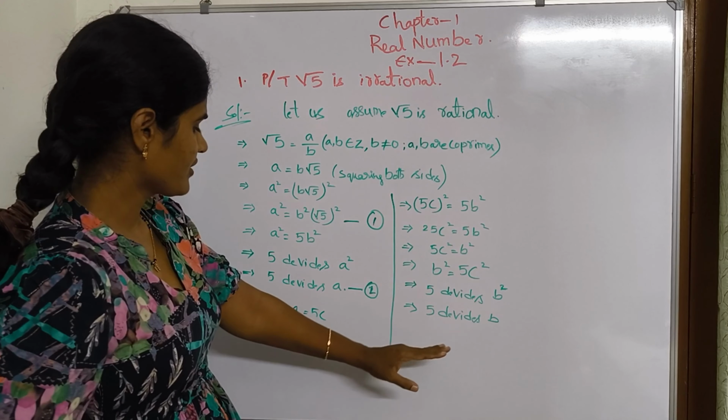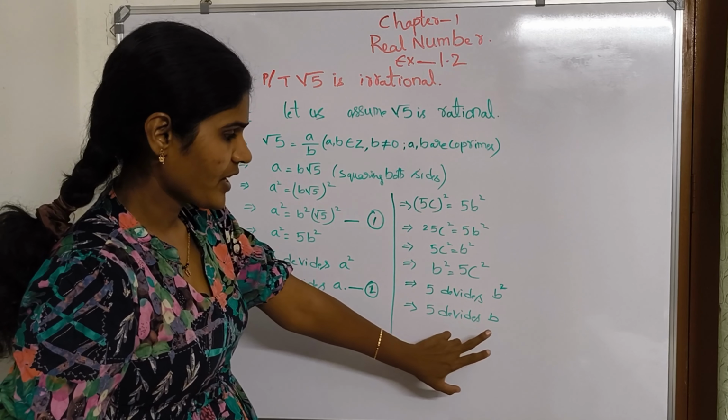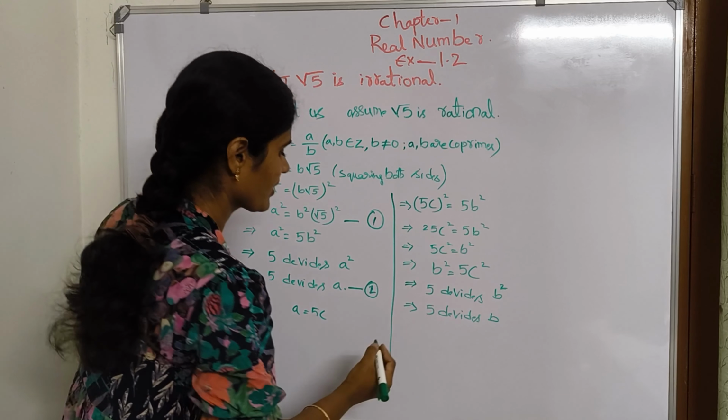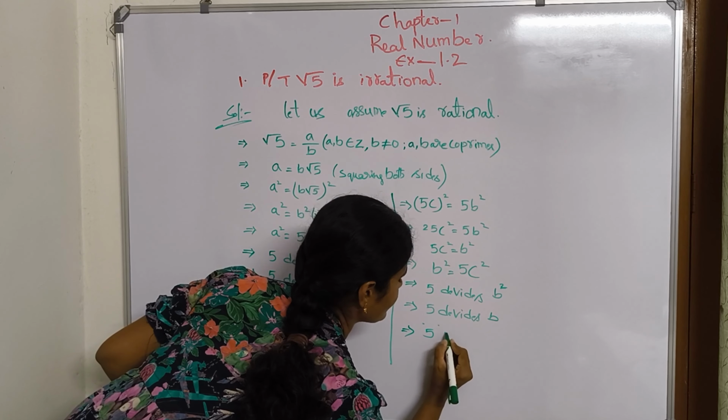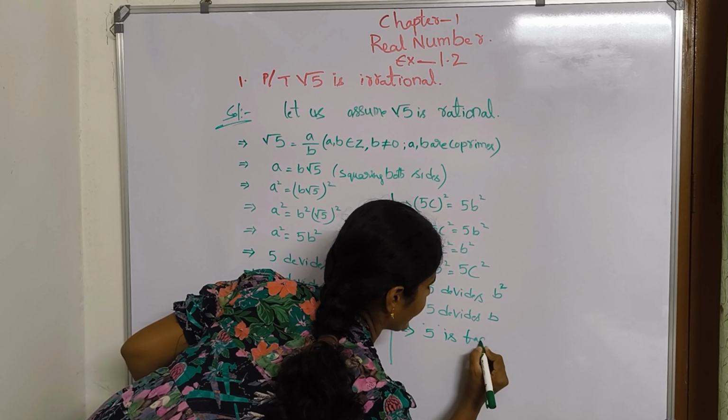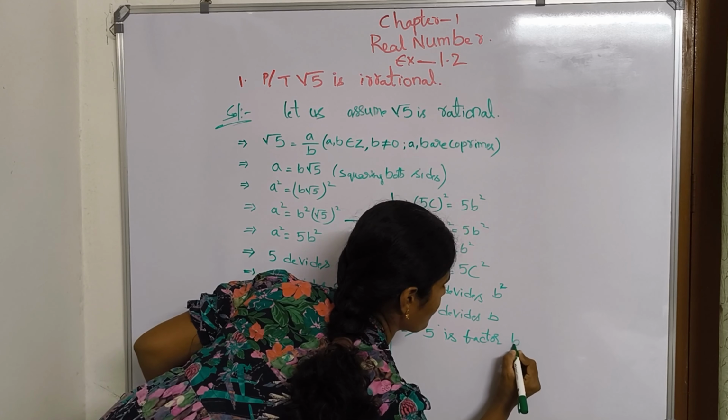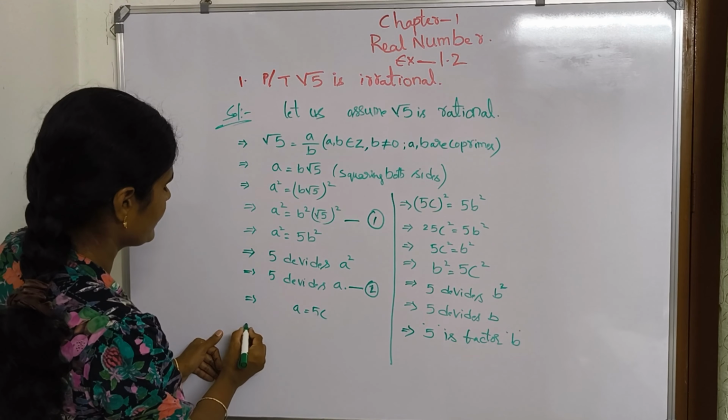So 5 divides b means 5 is a factor of b. Here also the same.